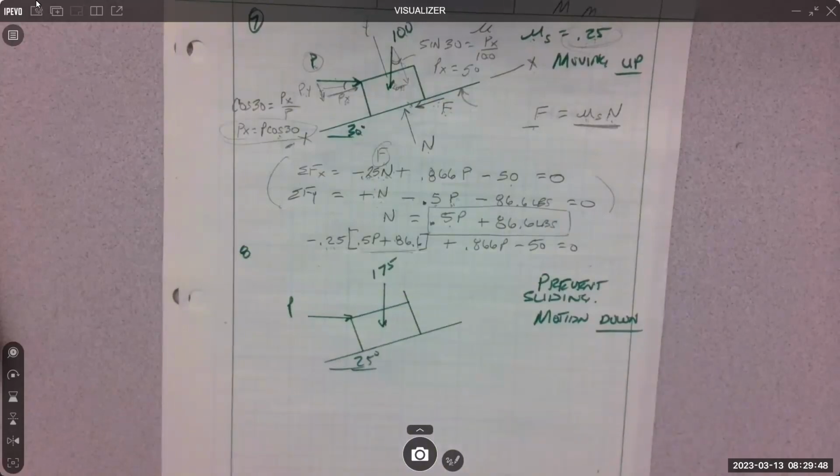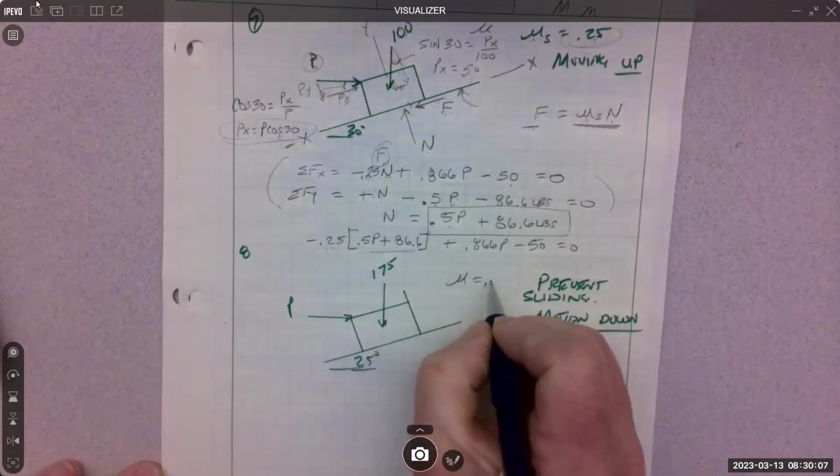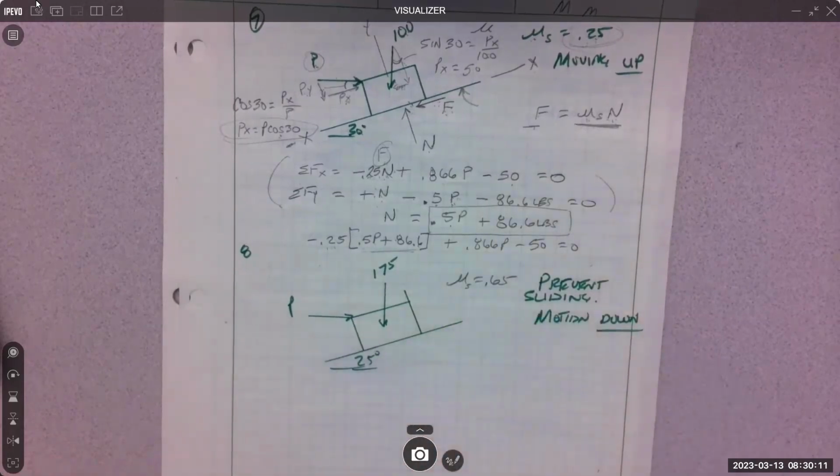Number 8 says, compute the horizontal force P required to prevent the block from sliding down the plane. 175-pound block, P at a bad angle again. Coefficient of friction of 0.65, so it's pretty sticky. So this time, we're trying to just hold it in place, right?